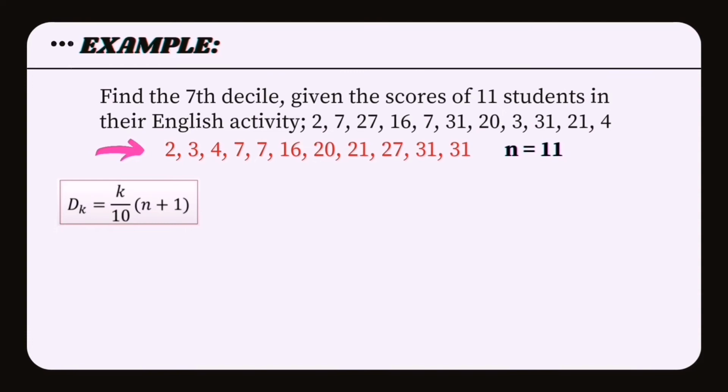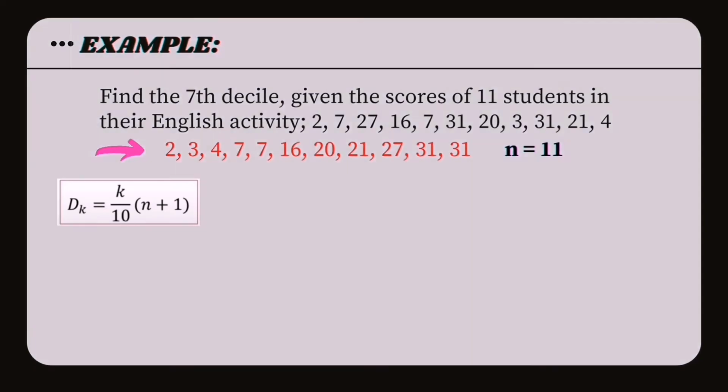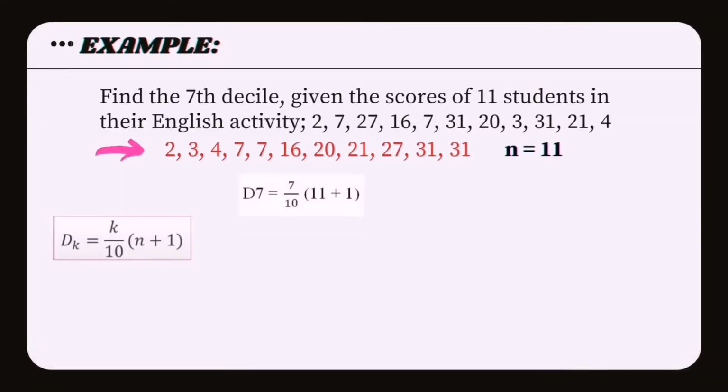So again, our formula is D sub k equals k over 10 times n plus 1. Now, substitute lang natin. D sub 7 is equal to 7 over 10 times 11 plus 1. So, bakit D sub 7? It's because hinahanap dito ang pang 7th decile.